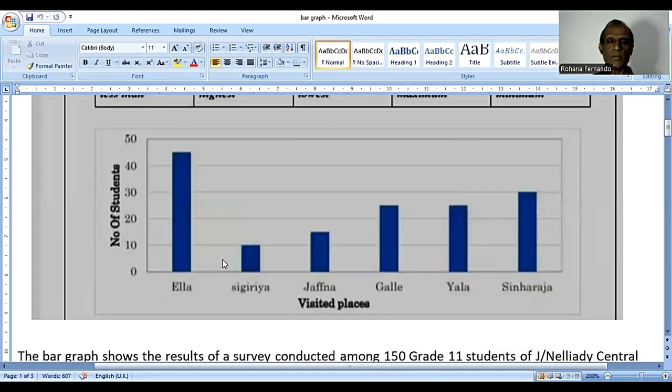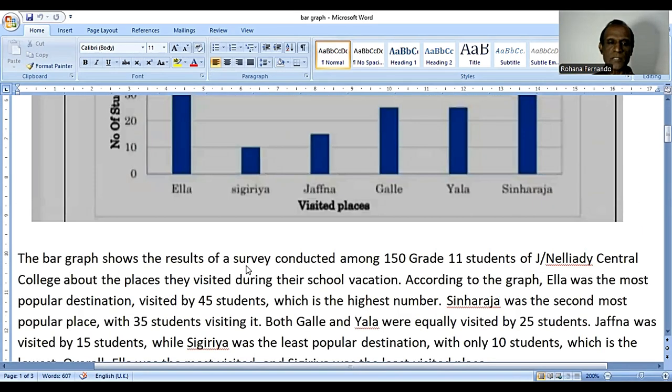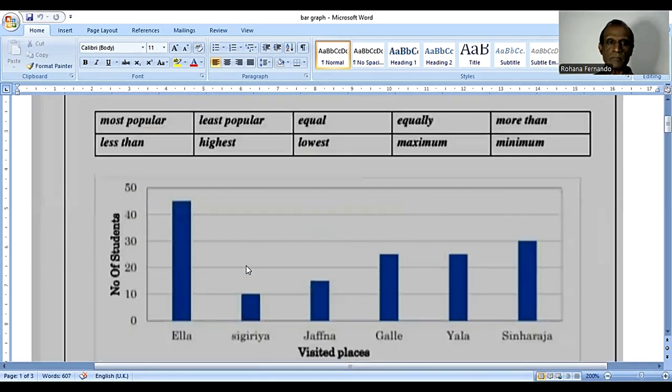Now let's look at the bar graph. I have supplied a sample description of the bar graph just to save time. My intention is mainly to show you the patterns, especially sentence patterns you can use for bar graphs.